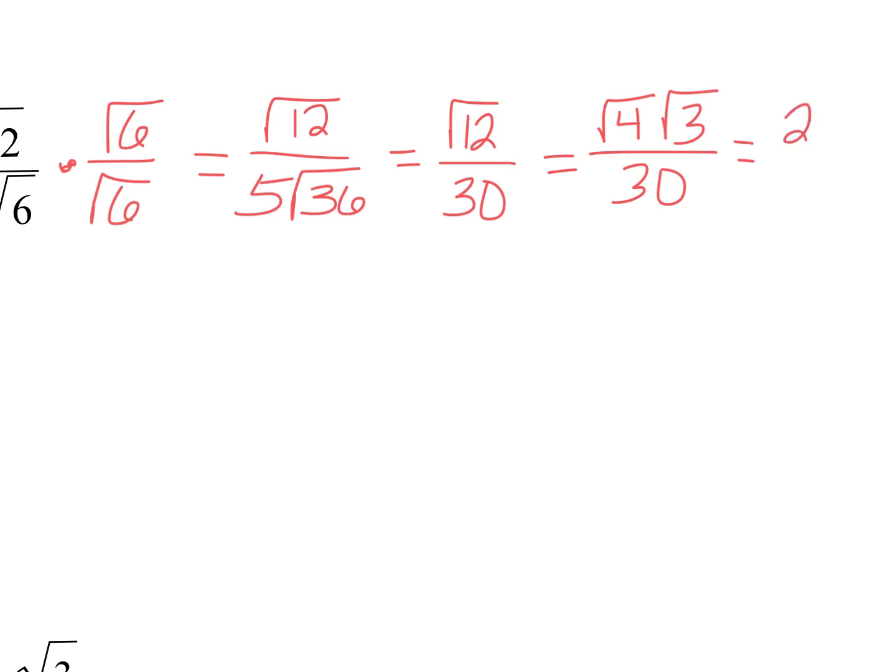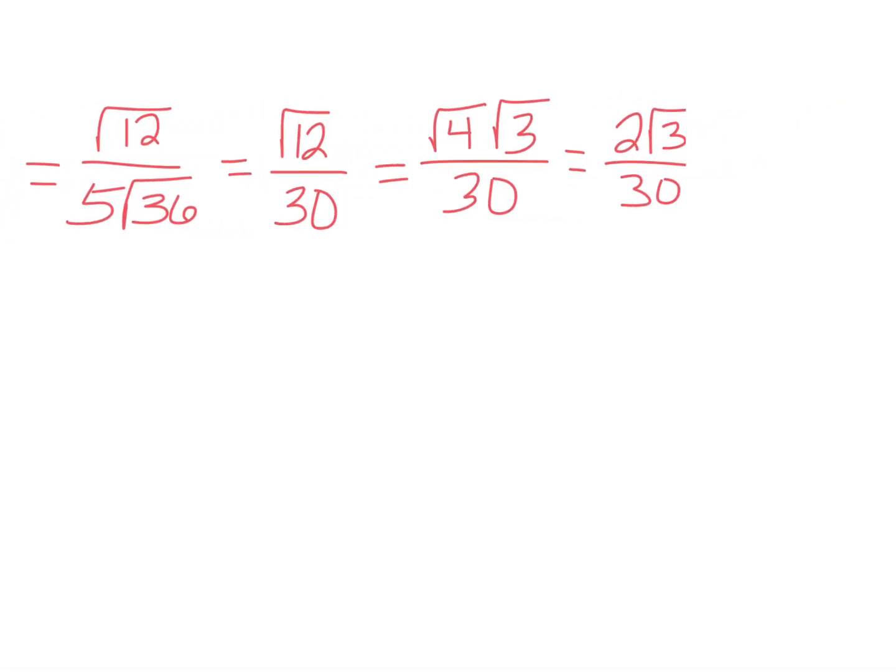What do I do with the 3? Keep it. And then on the bottom I still have 30. Are we done? No, there's one more thing we can do. Simplify. How many times is 2 going into 2? 1. 2 goes into 30, 15 times. So our final answer is square root of 3 over 15.